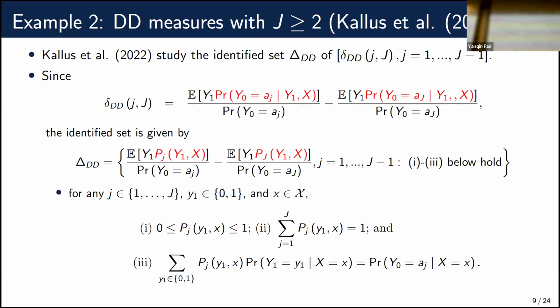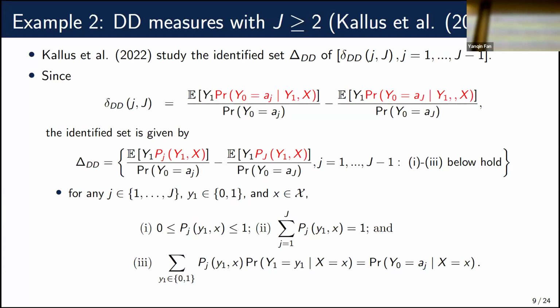Okay? So what you notice here is, let's just look at the first term. In this first term, you recognize this conditional probability depends on three variables: y0, y1, and x. So given the two separate data sets, this probability is not point identified.